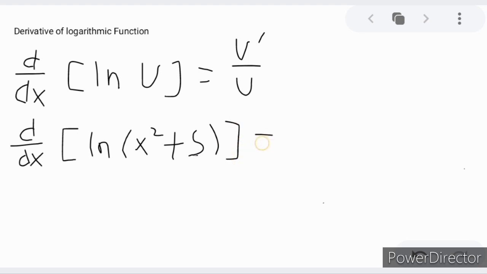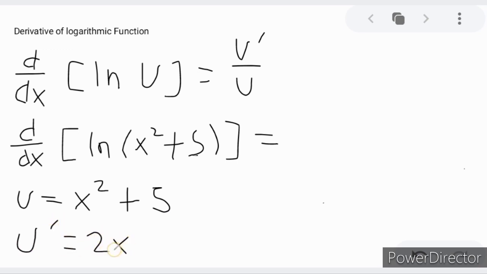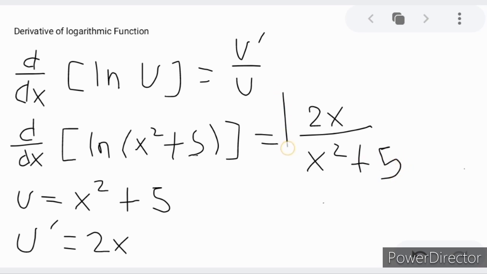In this example, our u is equal to x squared plus 5. Therefore, the derivative of x squared plus 5 is equal to 2x, and the derivative of 5 is 0. So, therefore, the answer is 2x over x squared plus 5. That is our answer.